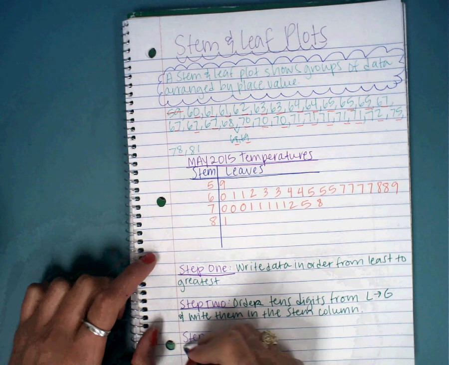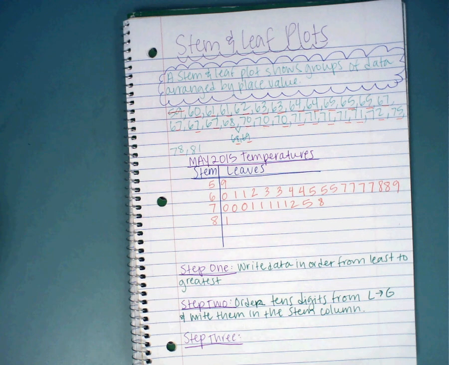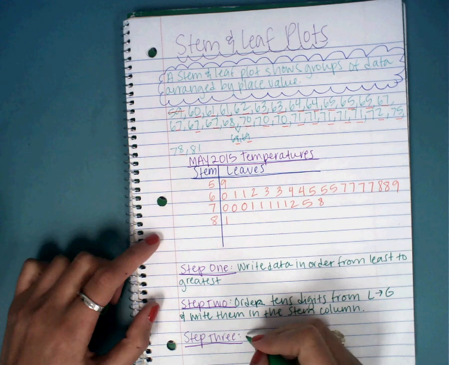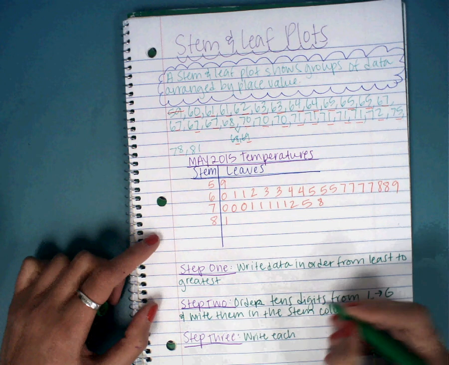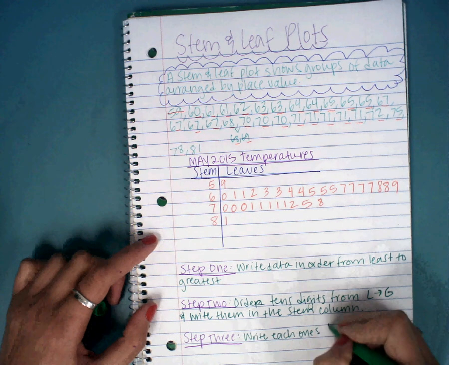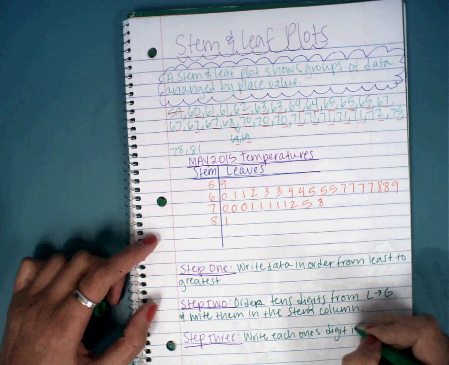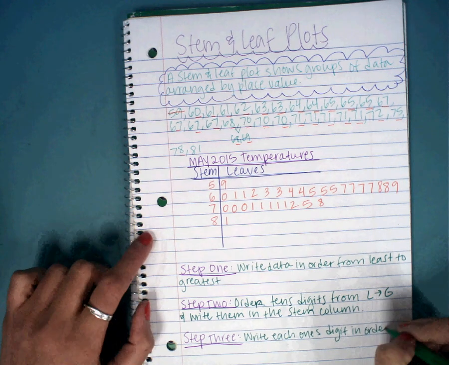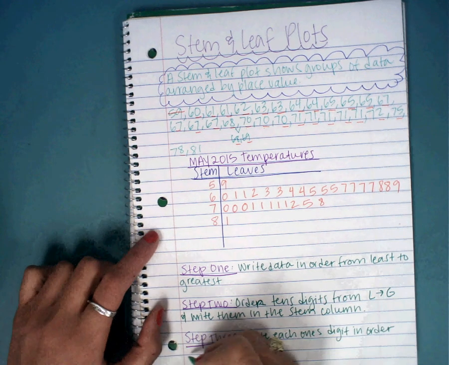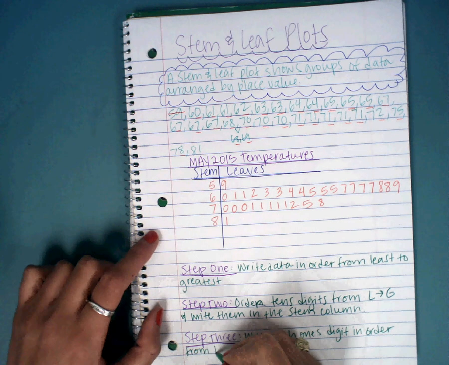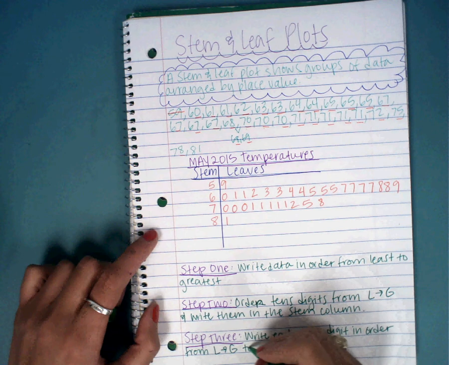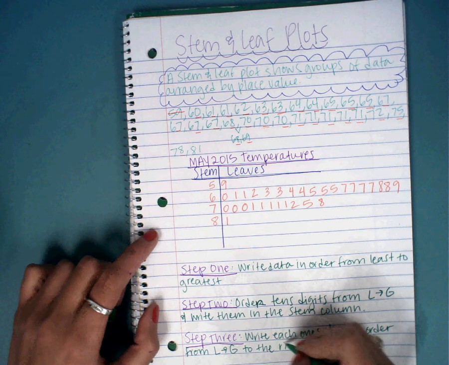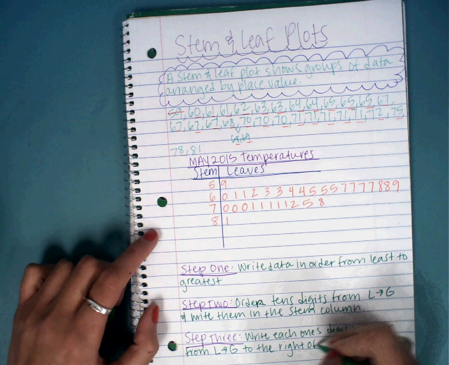And then step 3, we're going to write each ones digit, right? Each ones digit from up here. Write each ones digit in order from least to greatest, to the right of its tens digit.